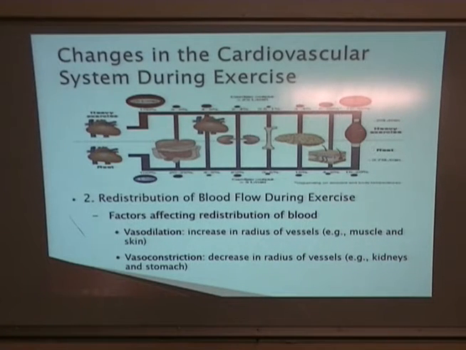our skeletal muscles at rest have about 15 to 20% of the cardiac output, so Q, going to the muscles. Remember, at rest, Q is somewhere around 5 liters per minute, right? So 15 to 20% of 5 liters going to our skeletal muscles.